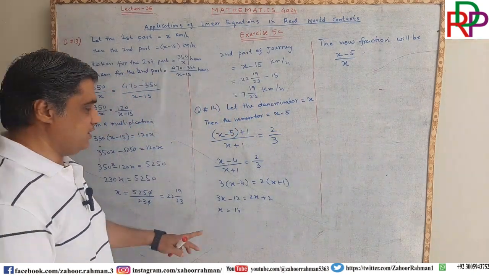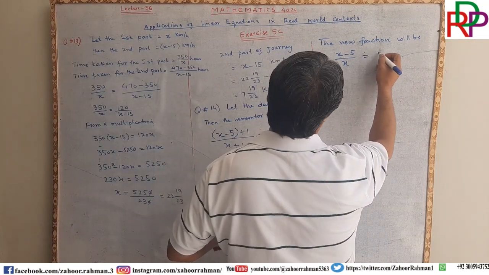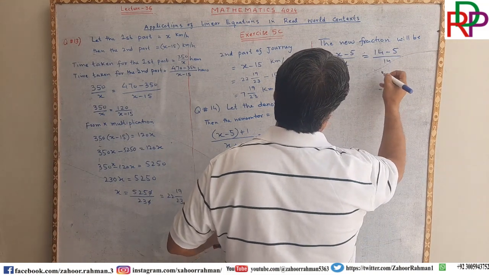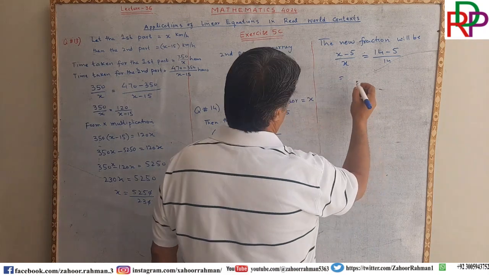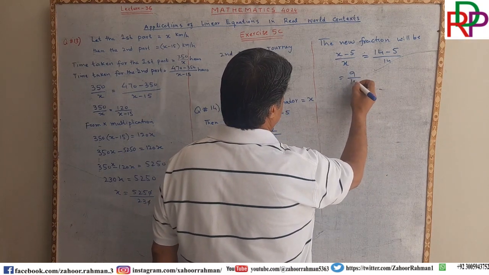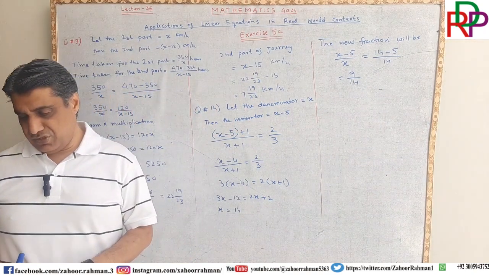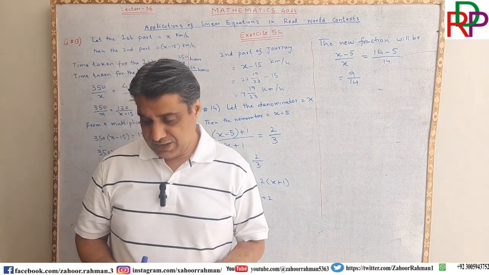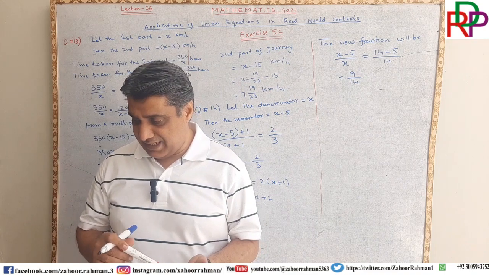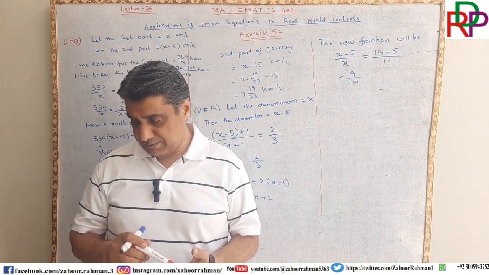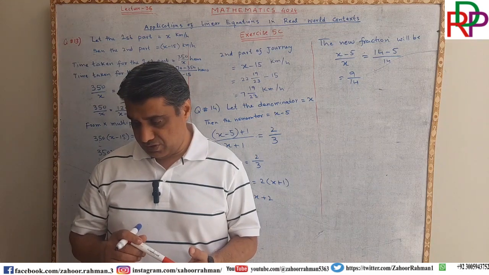So we have to put the value of this: 14 minus 5 divided by 14, which is equal to 9 divided by 14, and that is the new fraction. That is the ultimate answer of the question.